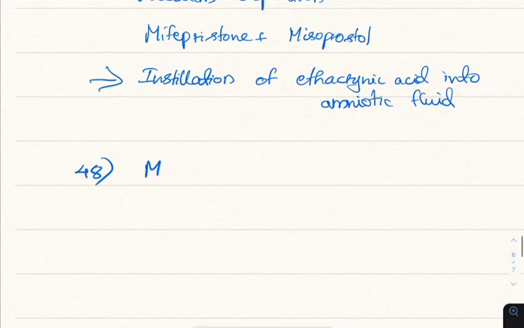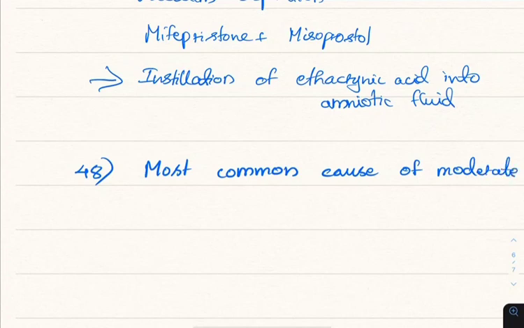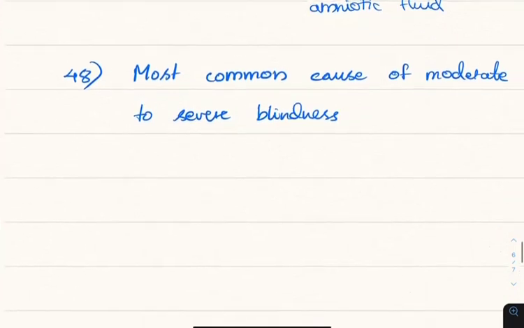Okay, this again is a question which I'm not very sure about, but this is a question which came yesterday for the INICET November 2022. The most common cause of moderate to severe blindness. I had marked an answer, but I am not very sure about it. That's why I'm not discussing.